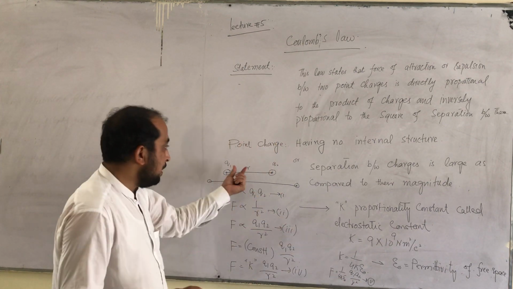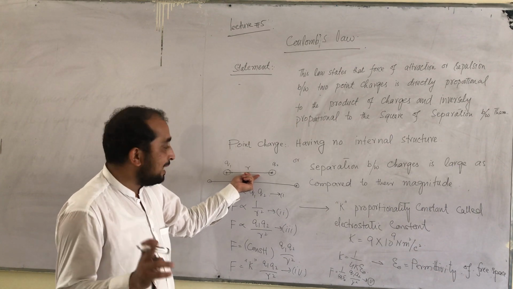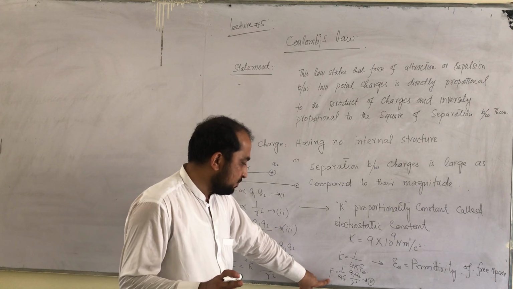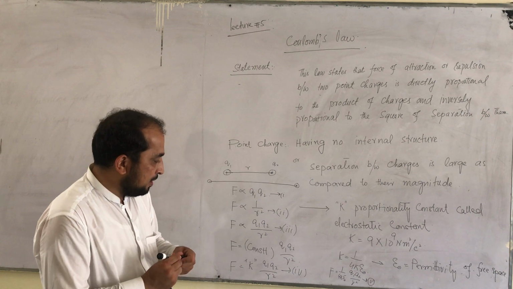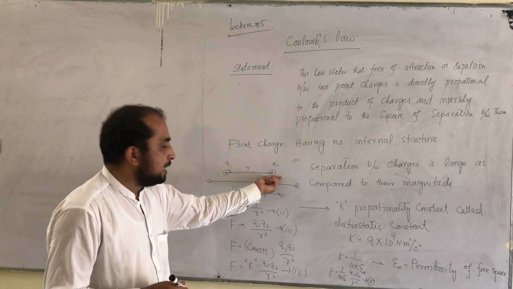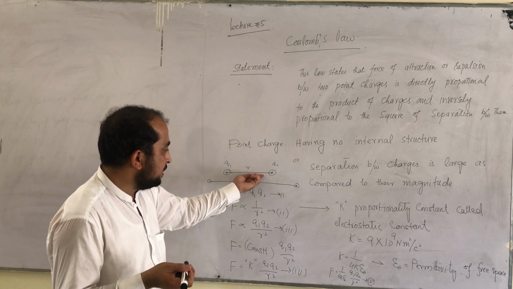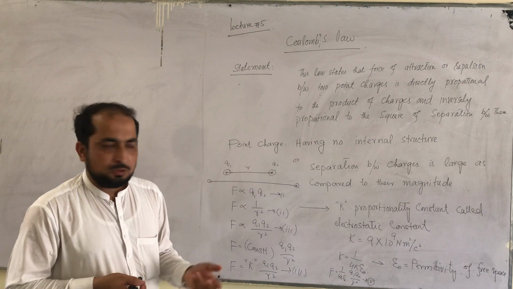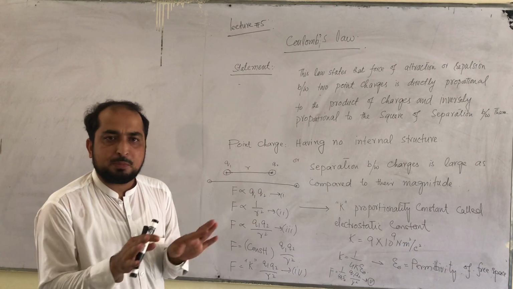But if there is a medium between these two charges, and the medium must always be an insulator, the force will decrease. It is just like a common example: when two persons are quarreling with each other, they both hit each other and there is no third one to separate them.